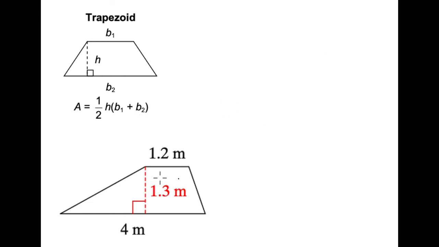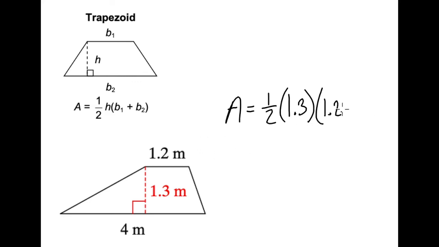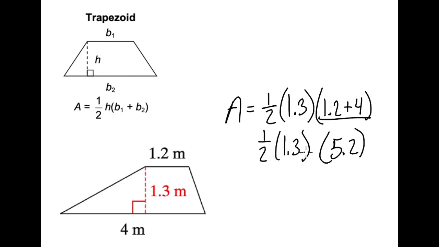So if we plug our givens into this formula, area equals 1/2 times our height of 1 3/10, and then we're going to multiply that by the sum of base 1 and base 2, which was 1 2/10 plus 4. 1 2/10 plus 4 gives us 5 2/10, so we're left with 1/2 times 1 3/10 times 5 2/10.